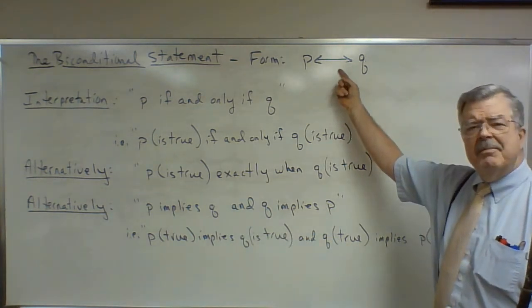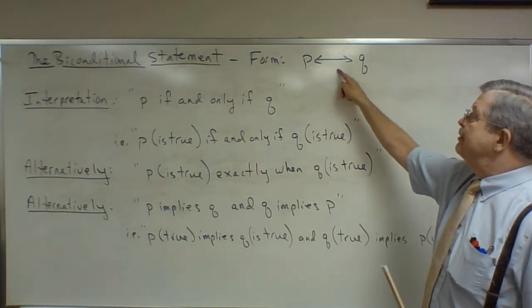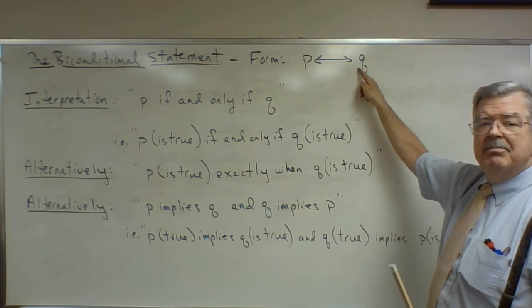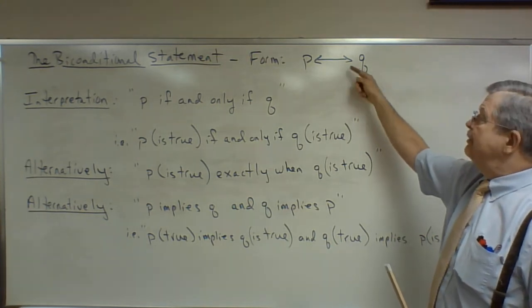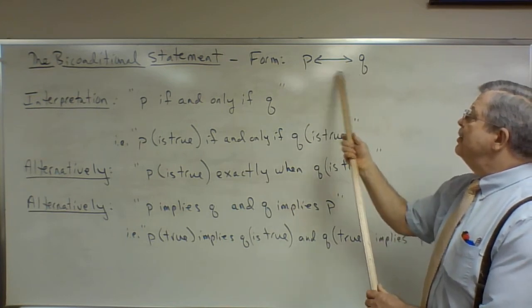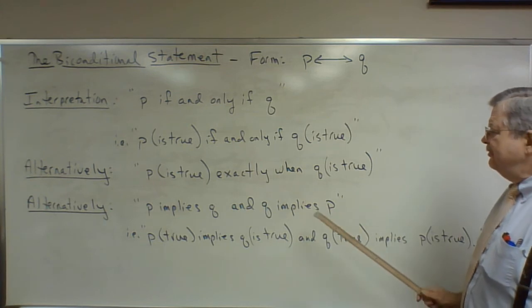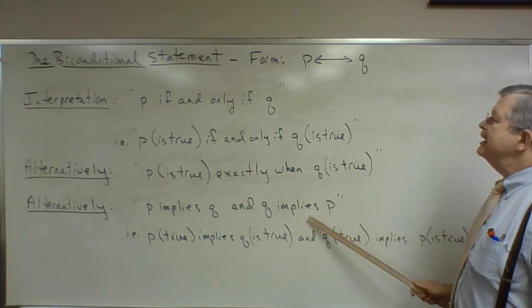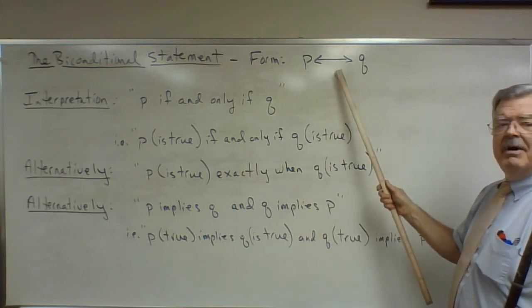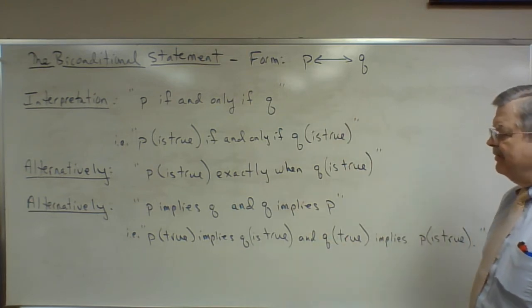Considering the symbol up here, that makes sense because we have the arrow pointing from P to Q, so P implies Q, but we also have an arrow pointing from Q to P, so Q also implies P. This is not the most common rendering of this symbolic statement, but it probably makes the most sense.